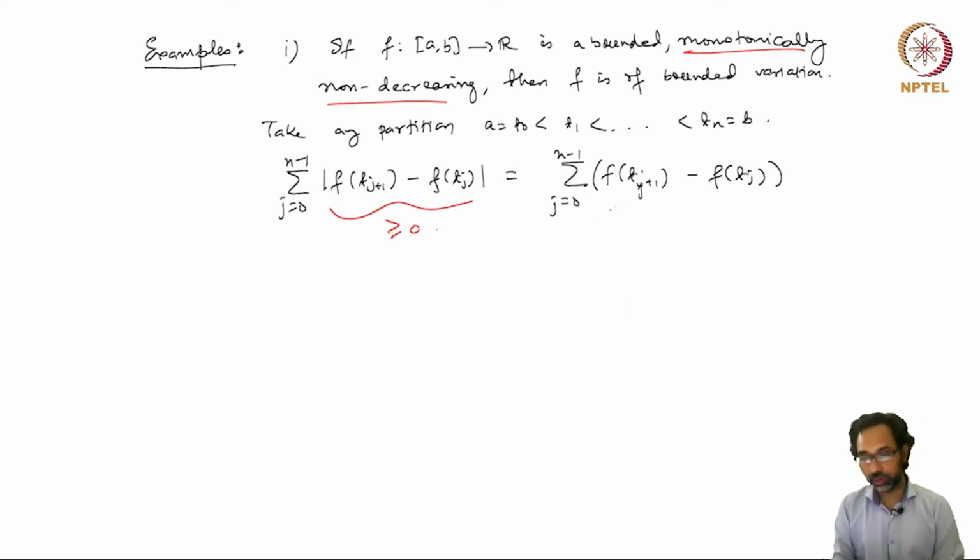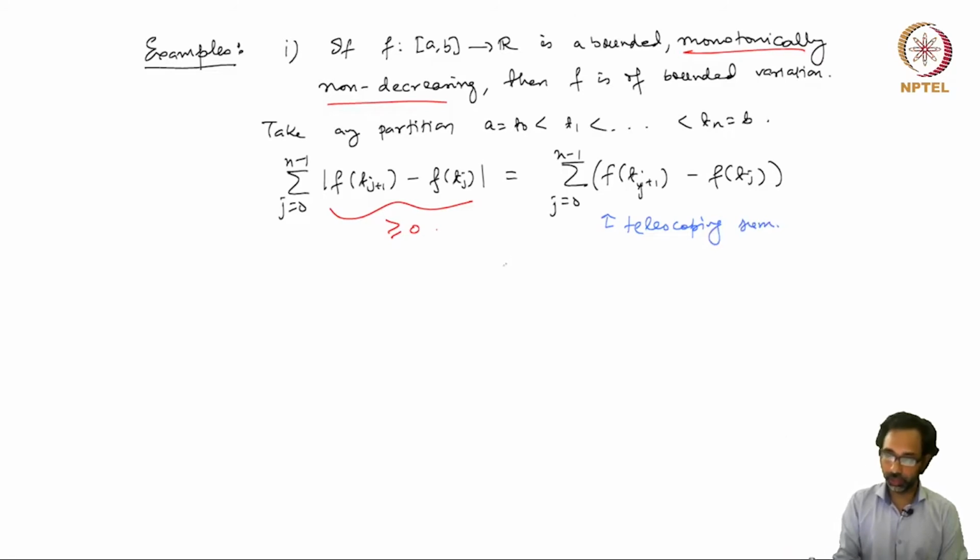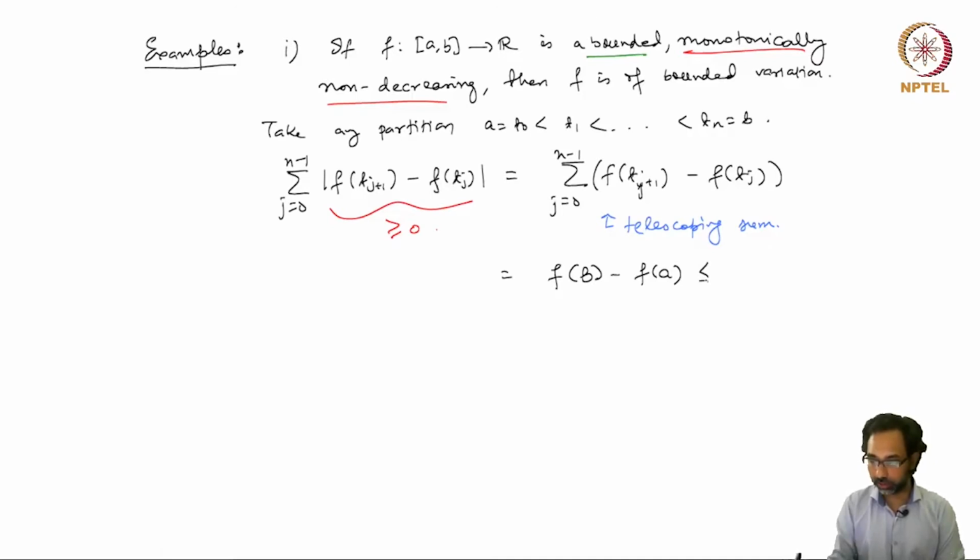But this is now a telescoping sum, and so in the end you will only get f(b) minus f(a), and since f is also bounded, this is less than or equal to 2 times the supremum of mod f(x), x in [a, b].